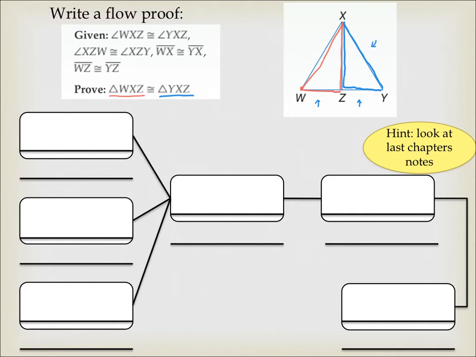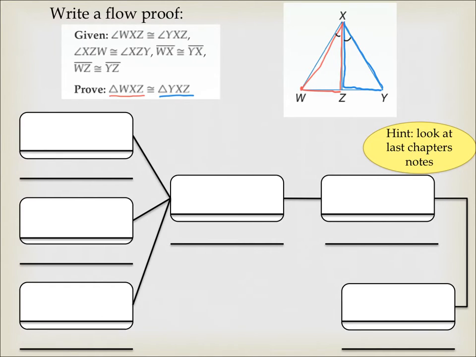But before I get too involved in that, let's check out our given and see if that helped us out. So we are given that angle WXZ is congruent to YXZ. So this angle is congruent to that angle. Looks promising so far. We are then told that angle XZW is congruent to XZY.